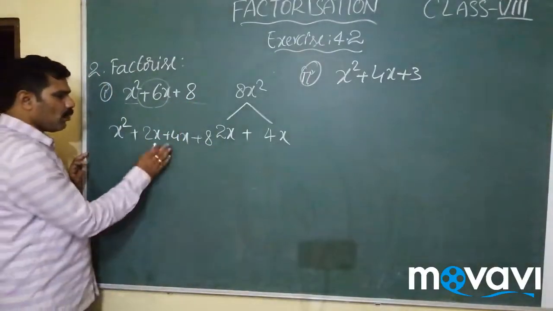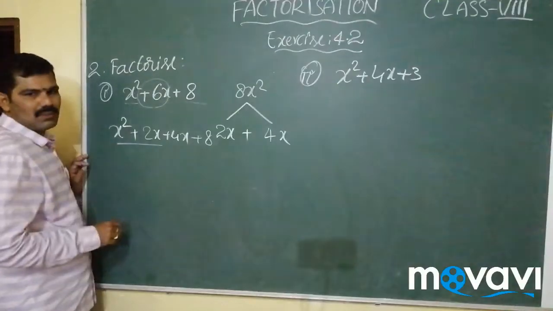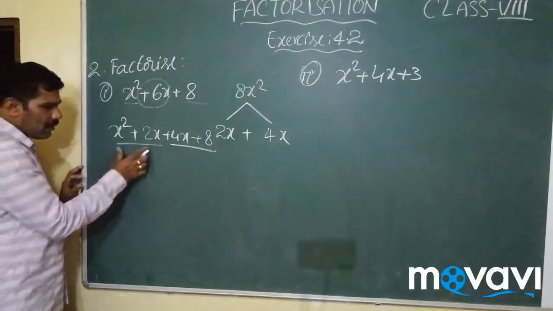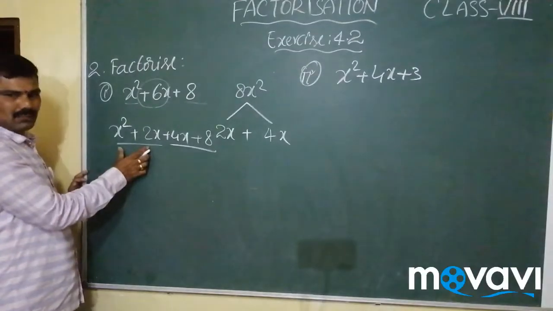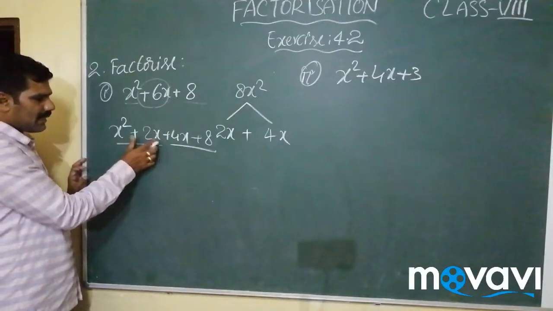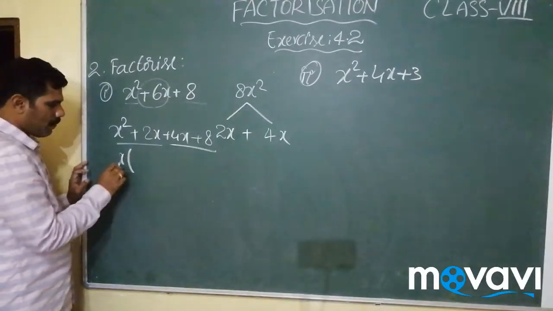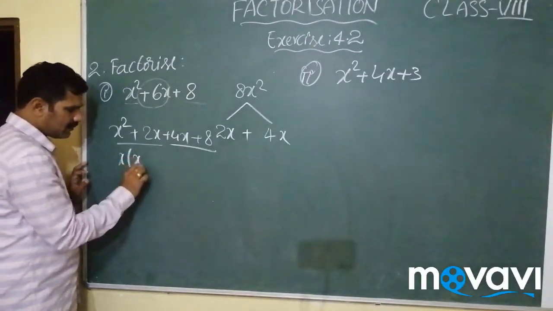Now see, I am going to group first two terms and here another last two terms. Okay, now from the first two terms in a group, I will be taking x as the common factor. So if I take x as the common factor, the remaining here is x.